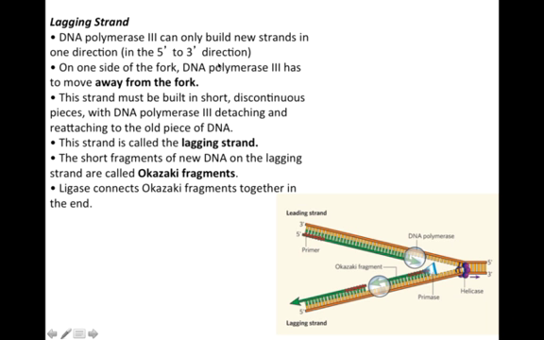So that's true on both the leading and the lagging strand. But because the DNA is anti-parallel, that means that on the other strand, the DNA polymerase has to build away from the replication fork, still in the 5 to 3 direction.